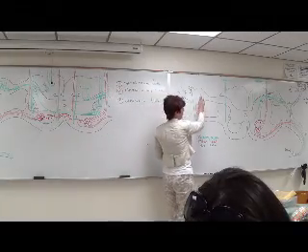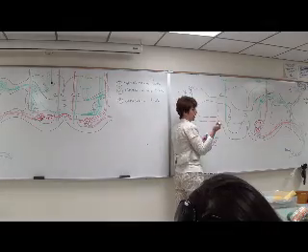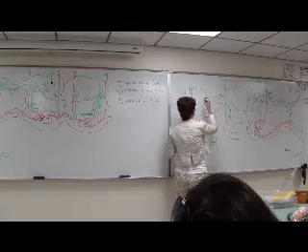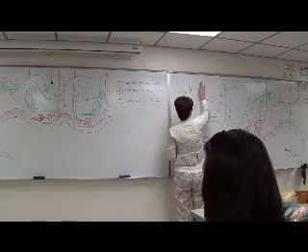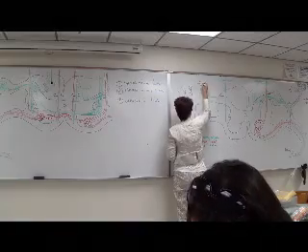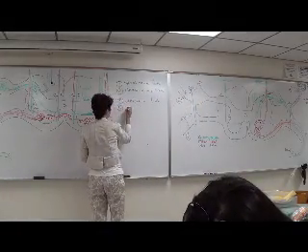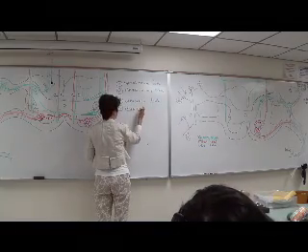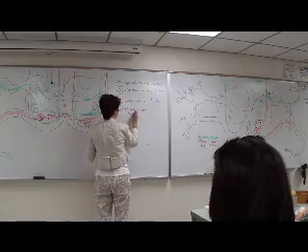Then remember, this is where I have the cell bodies for my sensory neurons. It's a collection of cell bodies outside the central nervous system. So this is known as the dorsal root ganglion. Ganglion because it's outside of the spinal cord. Sensory, motor, or both?